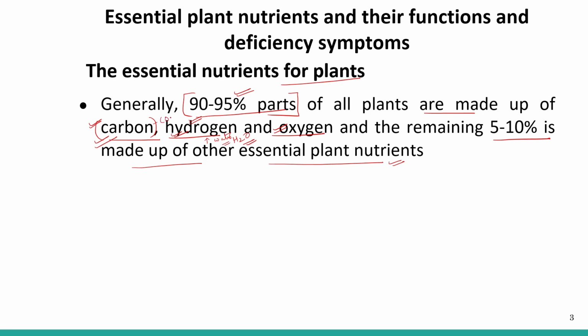Carbon dioxide gives them carbon as well as oxygen, and water gives hydrogen and oxygen. So these are the main three components, the nutrients required by the plants, and the plant body is made up of 90 to 95% of these three elements.